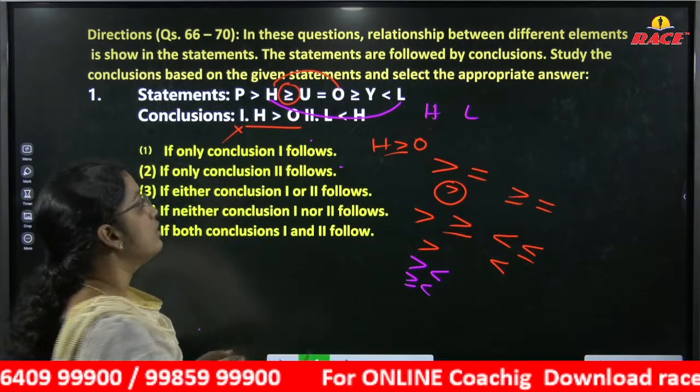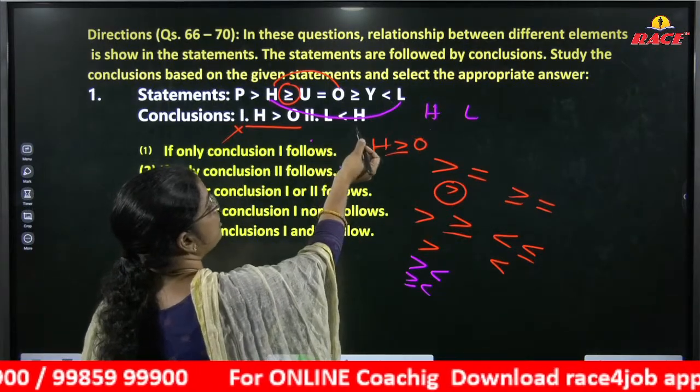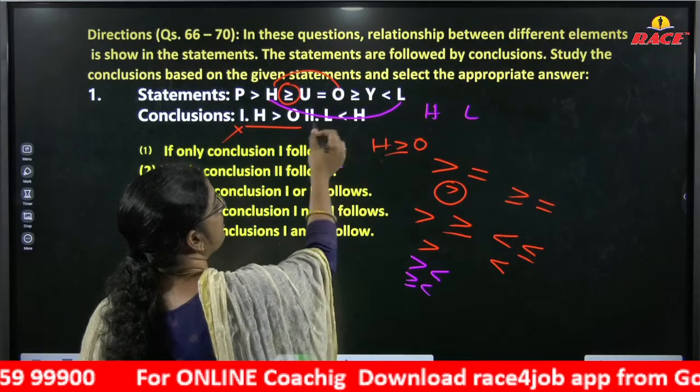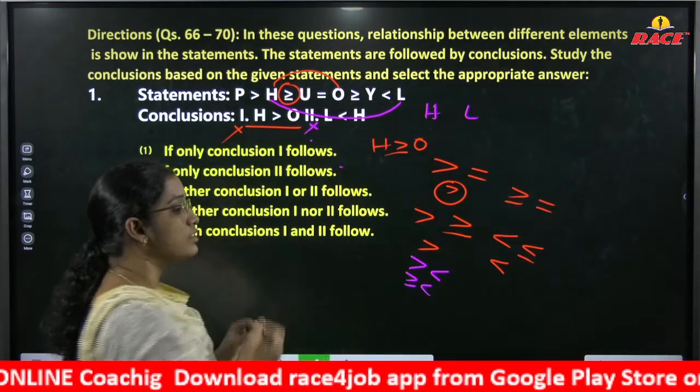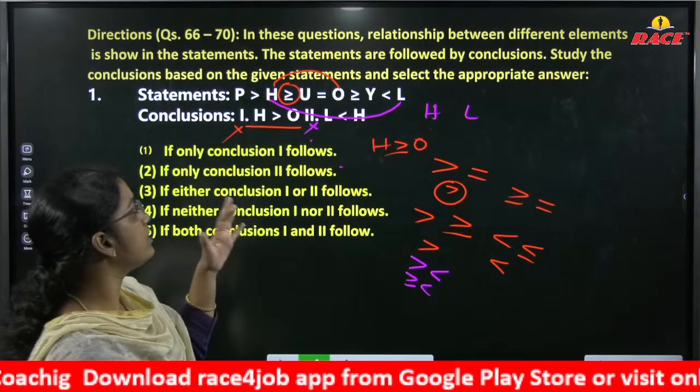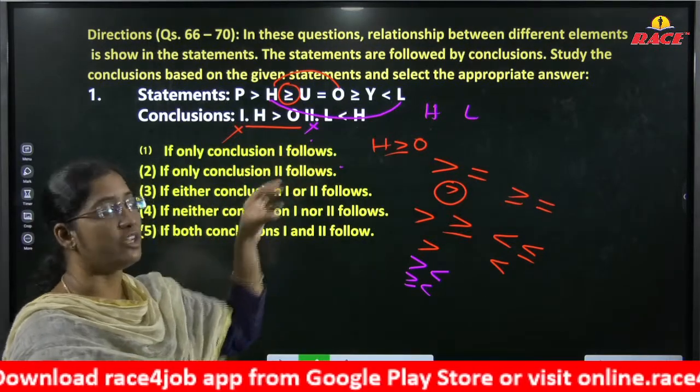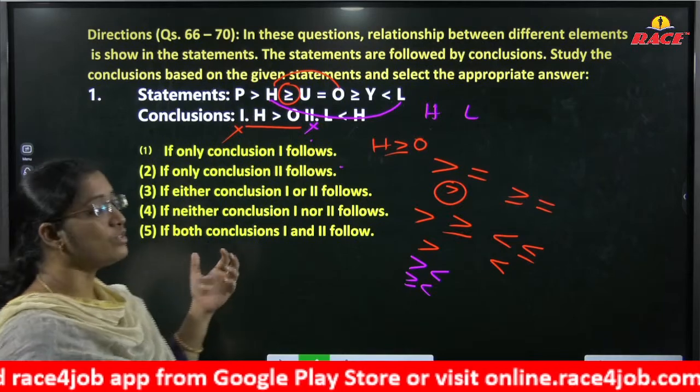Here they are giving L less than H, but we get no relation. We do not know the exact relation between H and L, but they are giving a particular relation between L and H, so we do not know the exact answer.